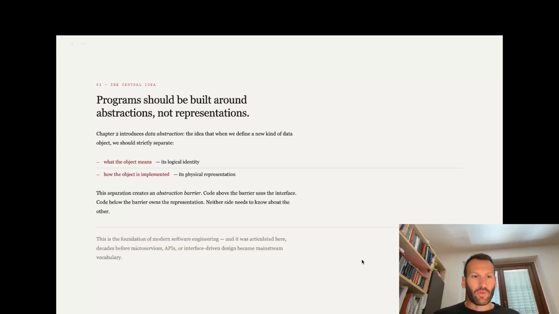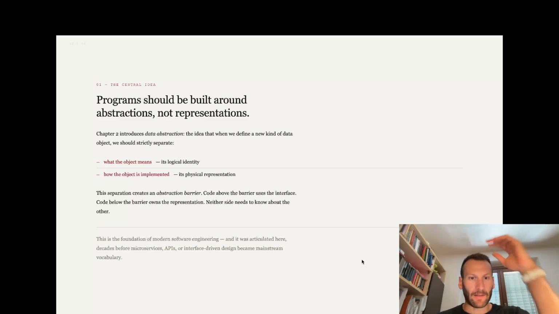And this separation creates an abstraction barrier, so basically the code above the barrier uses the interface, and the code below the barrier owns the representation. Neither side needs to know about the other. And if you think about that, this is the foundation of modern software engineering.